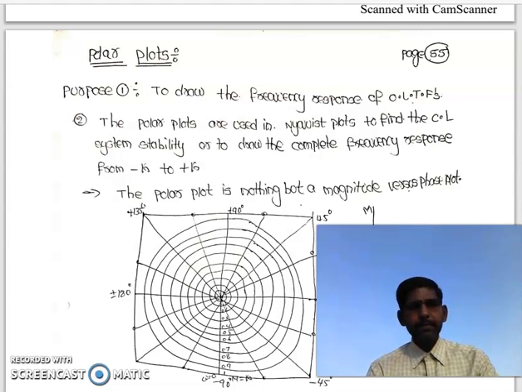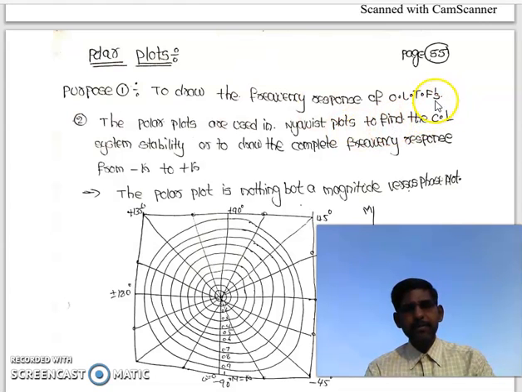The main purpose of polar plot is to draw the frequency response of the open loop transfer function. The polar plots are used in Nyquist plot to find the closed loop system stability, or to draw the complete frequency response from minus infinity to plus infinity.